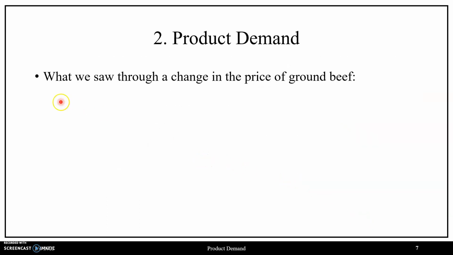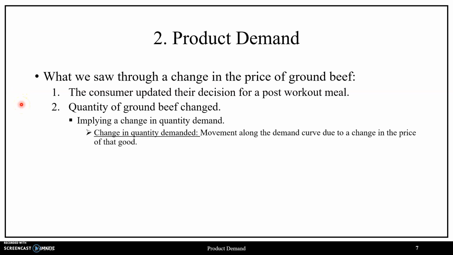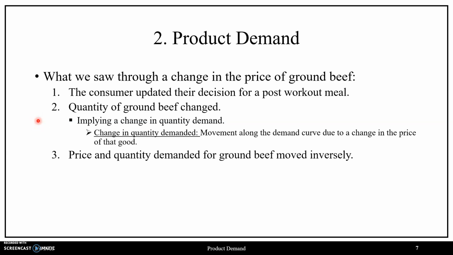changes. So then what we overall saw through our change in price for ground beef is that the consumer updated their decision for a post-workout meal, which led to the quantity of ground beef changing, implying a change in quantity demanded, that is, movement along the demand curve due to a change in the price of that good.